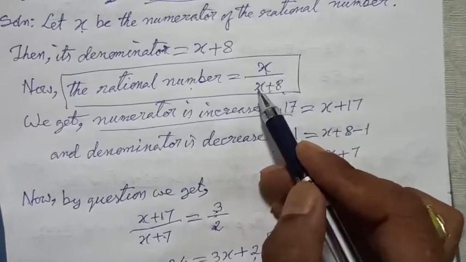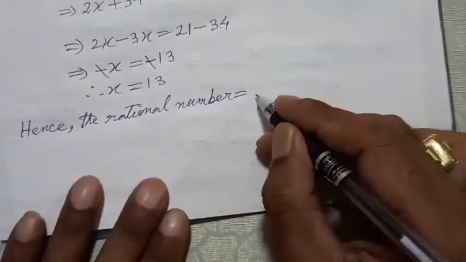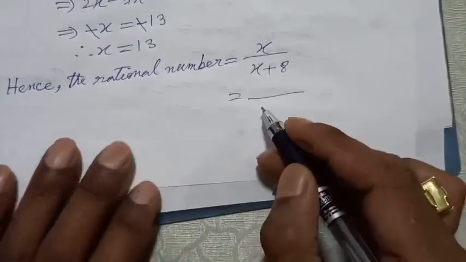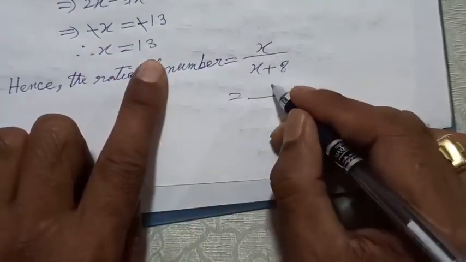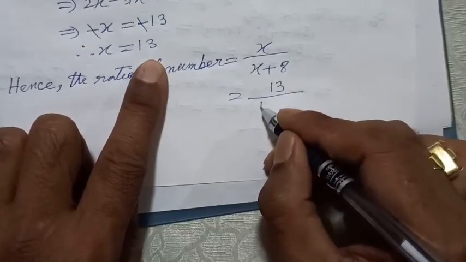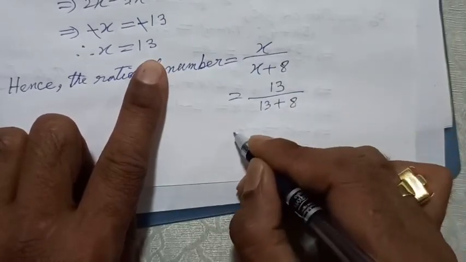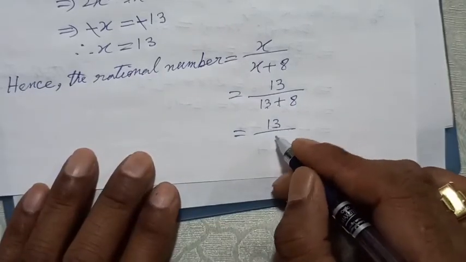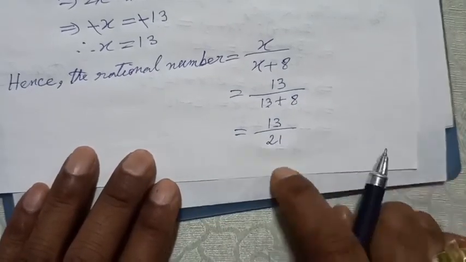So x by x plus 8. x is 13. So x becomes now 13 by 13 plus 8. 13 plus 8 is 21. And this is the answer.